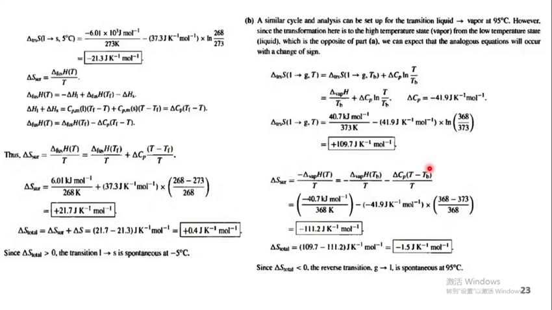This process is not spontaneous. In other words, this means the opposite process is spontaneous. So the opposite process is water transforming from vapor to liquid. So this process is spontaneous. Okay.